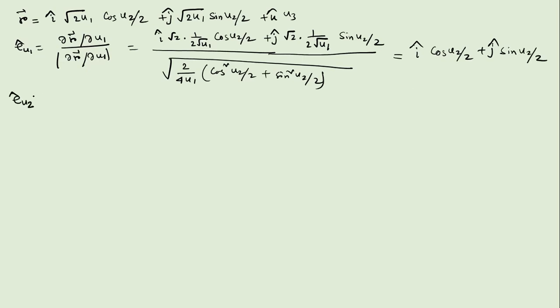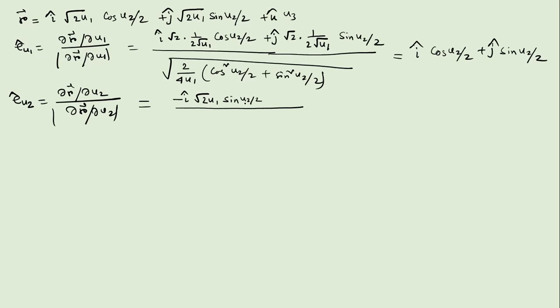Similarly, e u2 is del r vector by del u2 divided by the mod of del r vector by del u2. Just take the derivative with respect to u2. So this is i cap root 2 u1 sin u2 by 2 by 2, that is half.